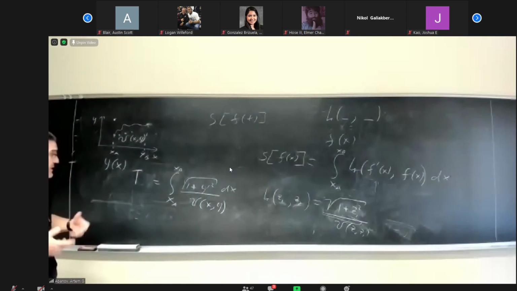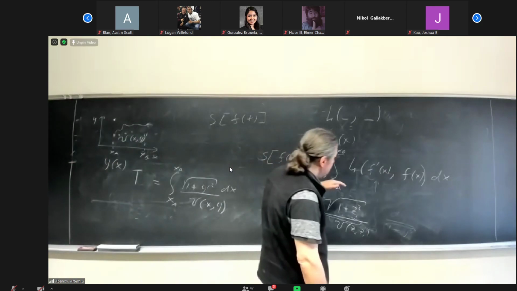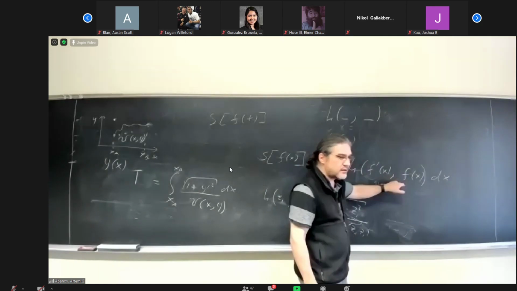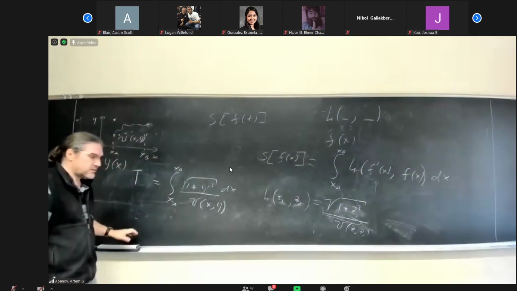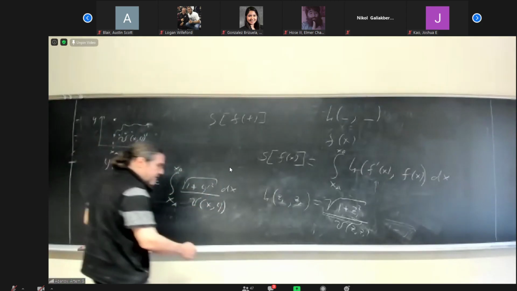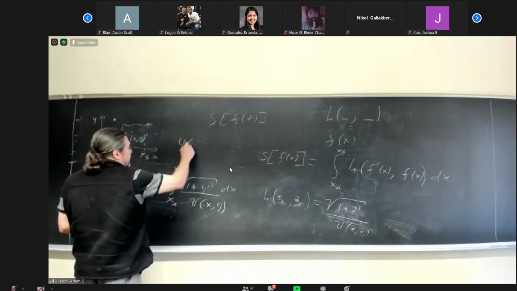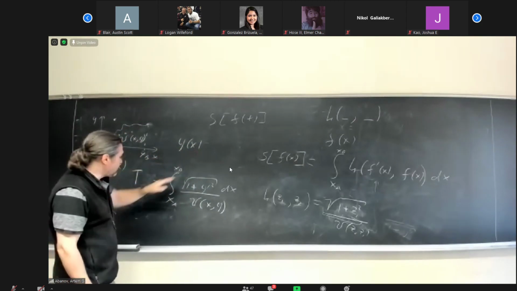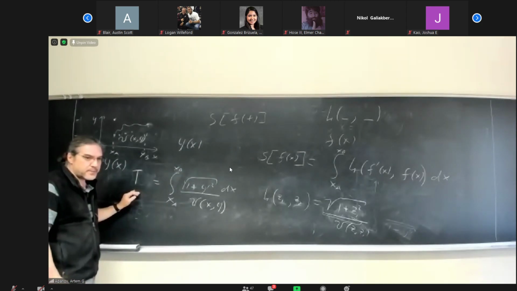But now remember that the only thing we're interested in is to find out which function f gives me the minimum of this functional. Or in this particular case, which path, y as function of x, gives me the minimum time to go from point A to point B?